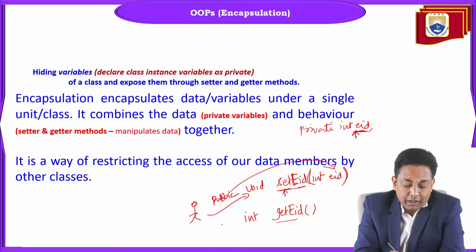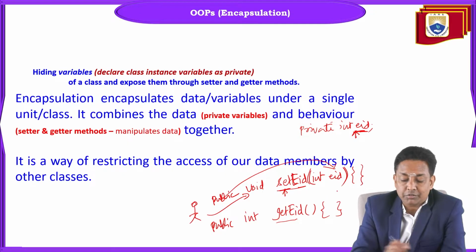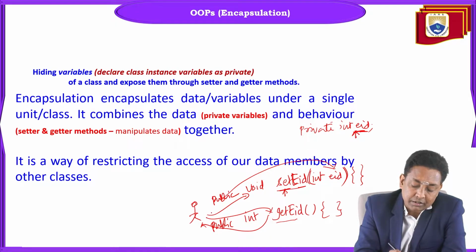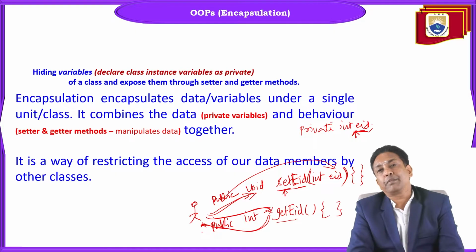Similarly, if you write a getter method, public int getEID, and the user invokes this method, the user will get the employee value. With the help of the set method, the outsider can modify the variable, and using the getter method, the outsider can access the variable.